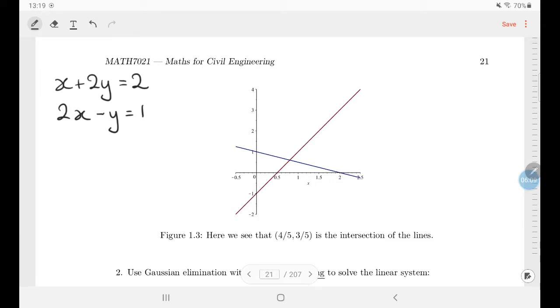So if you want to sketch these things, they are lines, you solve them for y. For the first one, to solve for y, you could take away x from both sides and you get 2y is equal to minus x plus 2. Then divide both sides by 2, you get y is equal to minus x divided by 2, which is the same as minus a half x.